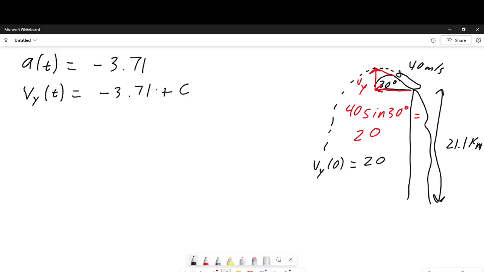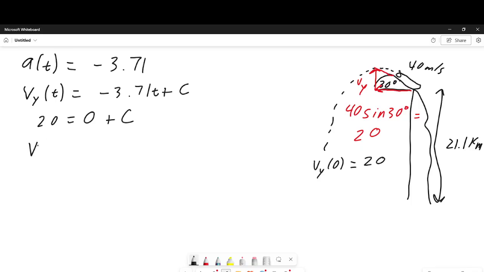That is, when it leaves the cannon, its vertical velocity is 20 in the upward direction, while its acceleration is being pulled down. Should have put a t here a while ago. Hopefully someone yelled that out at me already, but there it is. So if I plug in 0, I get 20. So this is 20 equals 0 plus c.